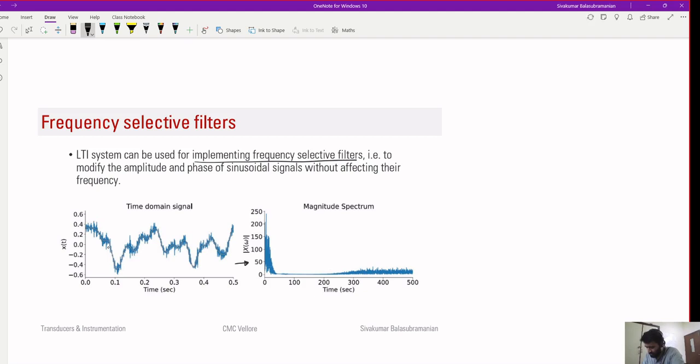If you take the spectrum of this blue signal, it'll look exactly like this graph that's shown here. And sorry, this is not time, this is frequency. Let's say you know that the signal of interest is between 0 to let's say 70 hertz. Okay, this is the signal. Everything outside is not related to your signal.